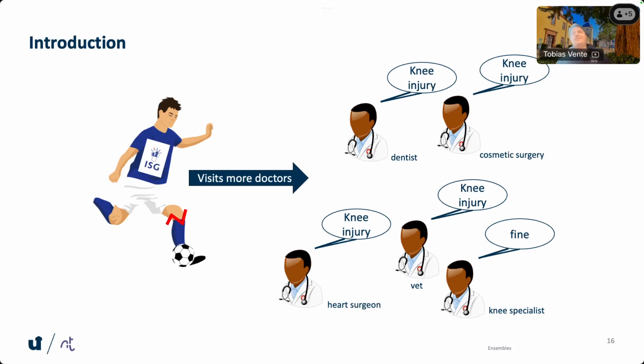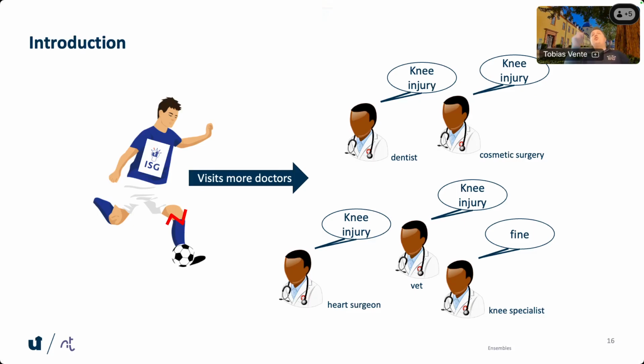Okay, and in the end, I'm not really sure what is right or wrong because I'm not Bob, it's not my knee, and I don't really care. But the interesting part is you said you put a weight. If we see these doctors as classifiers, based on their profession you can put a weight on them, so you trust one doctor more than another.